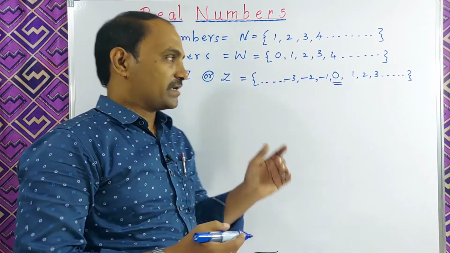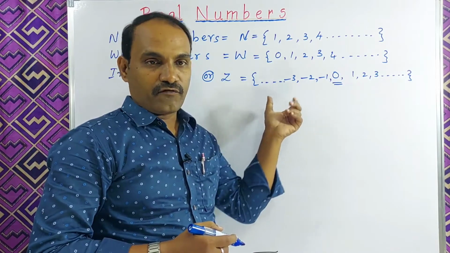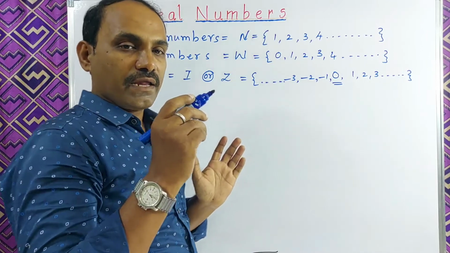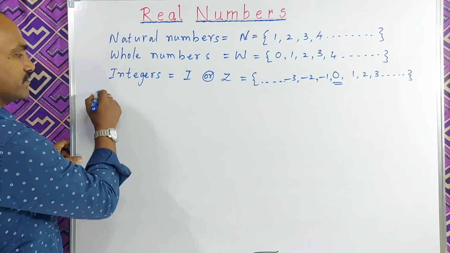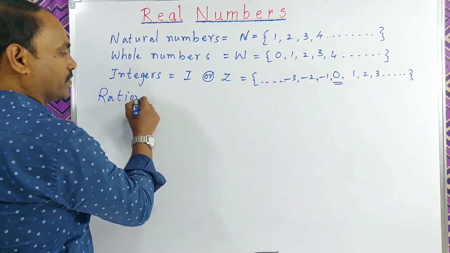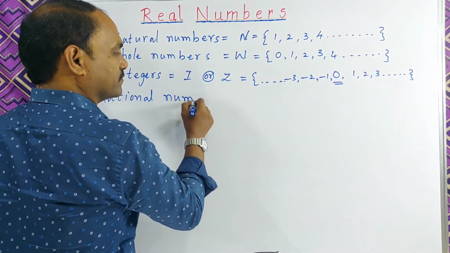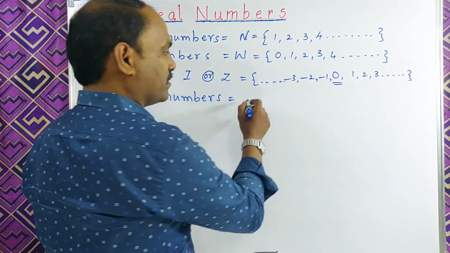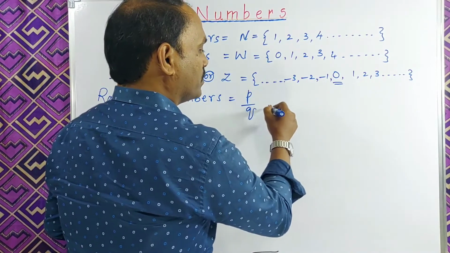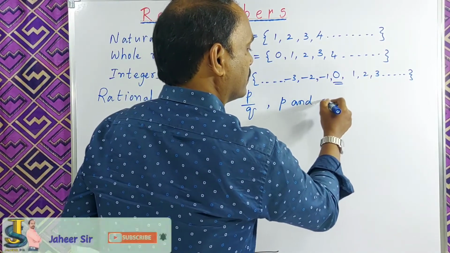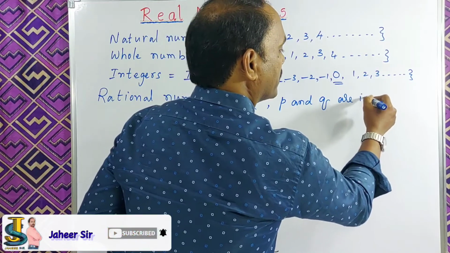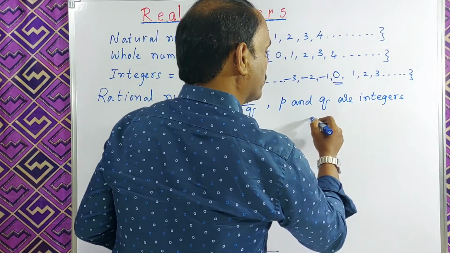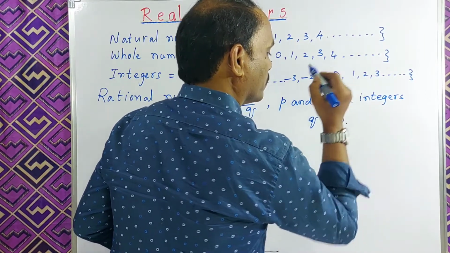Next number set: when we add fractions to the integers, then that number set is called rational numbers. Rational numbers are those numbers which are in the form of p by q, where p and q are integers and q does not equal 0.